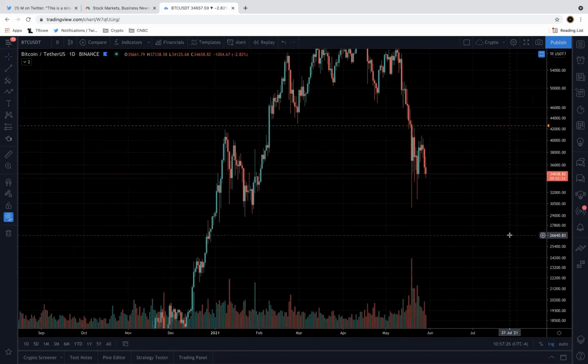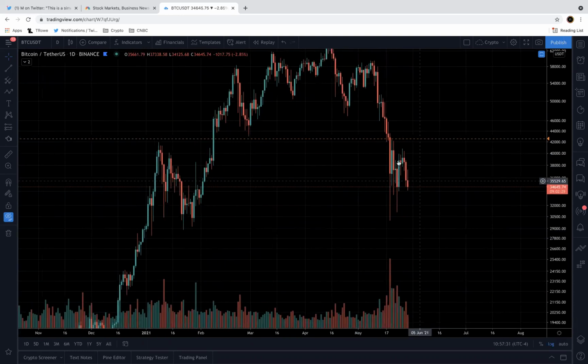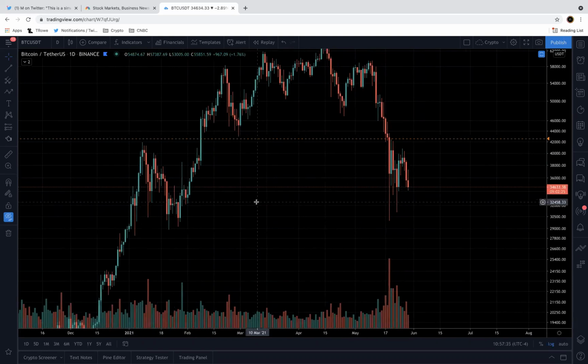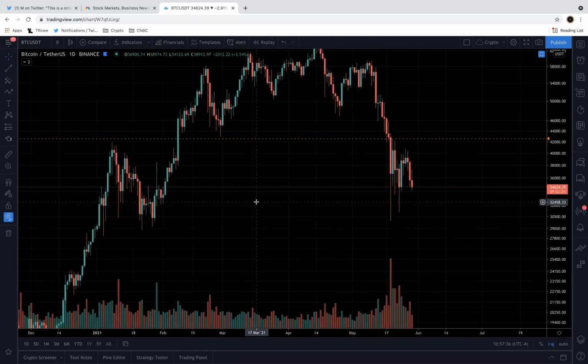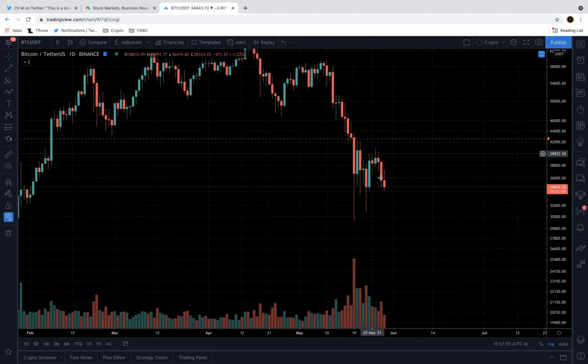Then we are now looking at the pattern where you're seeing the right hand side of the structure compared to this left hand side. It's not identical, of course. It's not like a mirror image, but it tells you that this is a major resistance zone if I put everything together, right? And what we are expecting is that they take a turn.